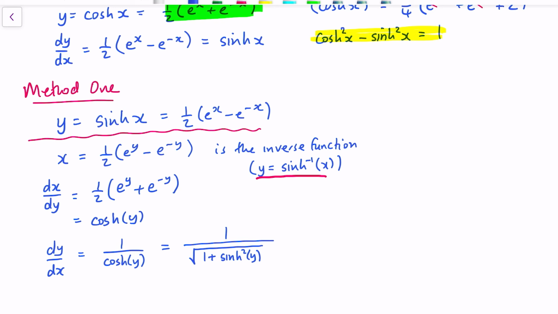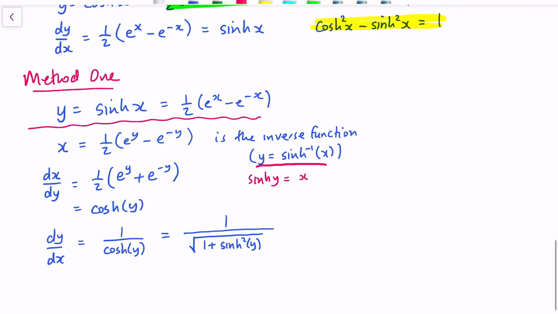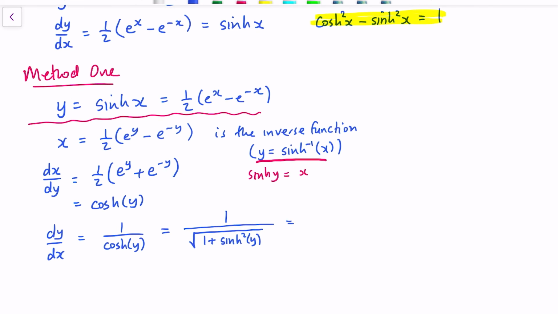But y is equal to the inverse sinh, so the sinh of y is equal to x. Okay, because they're opposites of one another, which means that we've got 1 over root 1 plus x squared, which is the proof done. Okay, and all I did there is switch the letters, differentiate, and then get rid of the y's by relating them to the x's. That's method 1.